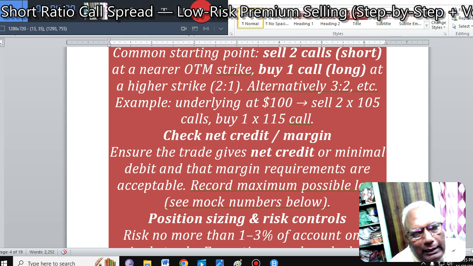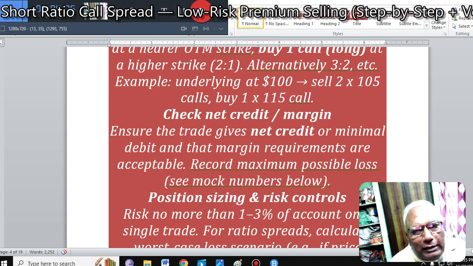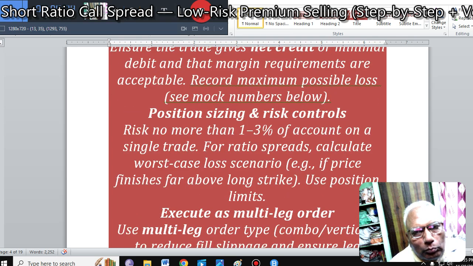Check net credit and margin. Ensure the trade gives a net credit or minimal debit and that margin requirements are acceptable. Record the maximum possible loss. See mock numbers below.